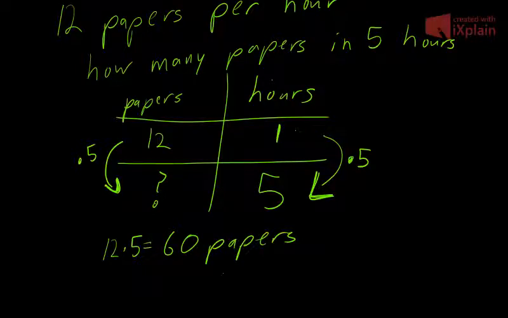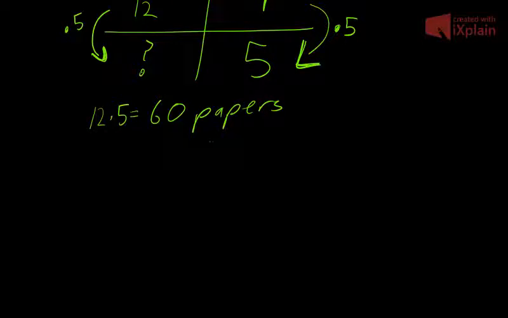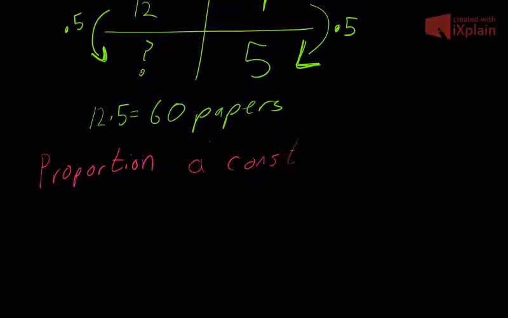I want to give y'all another problem. Then we're going to talk about what a proportion actually is. We'll actually do the proportion thing right now. A proportion is a constant that is a fraction.